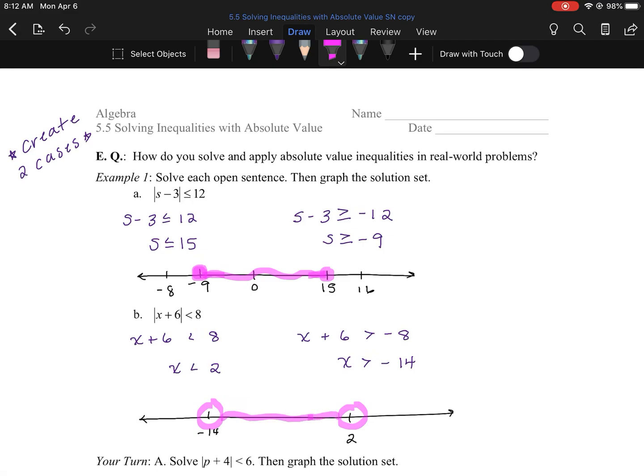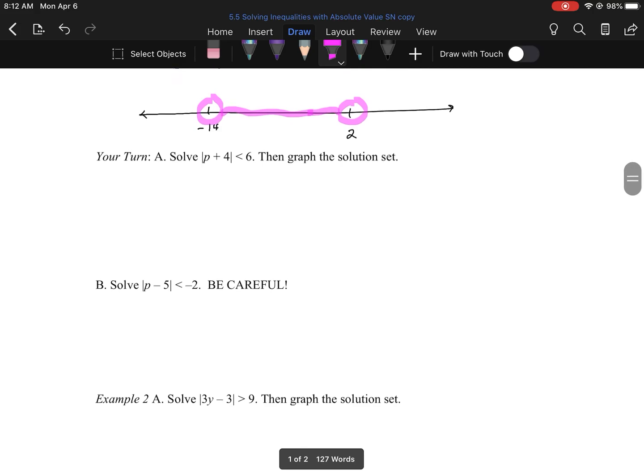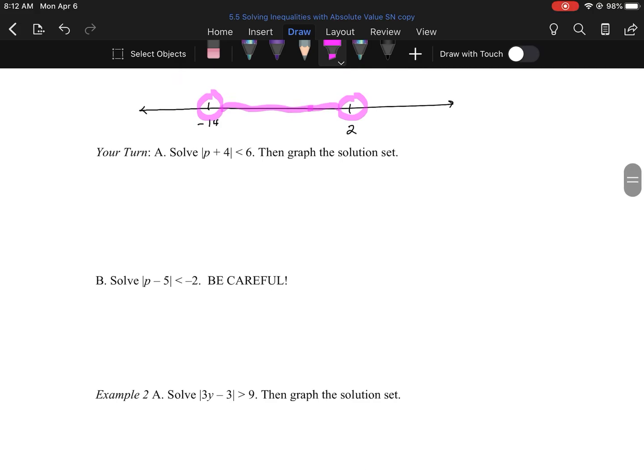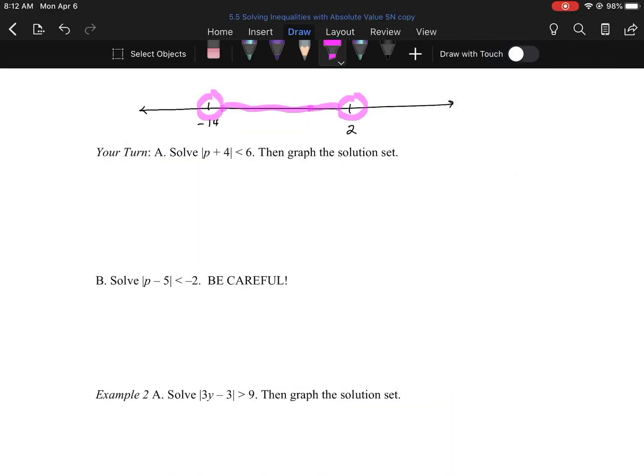It's greater than negative 14, but less than 2. So again, it is everything in the middle. I want you to go ahead and take a second, try the your turn, and then come back. Do be careful on B because there is something fun for you on there to remember.